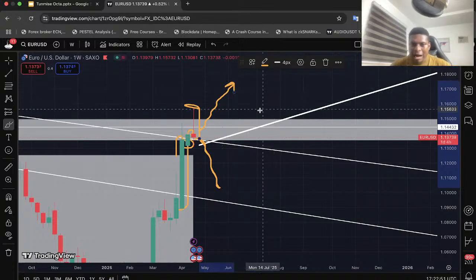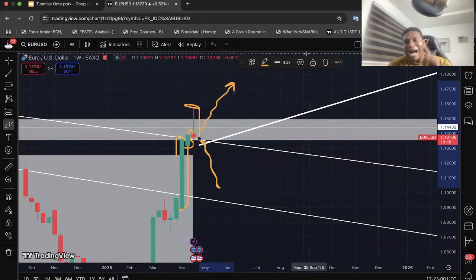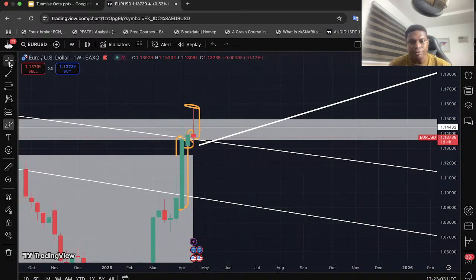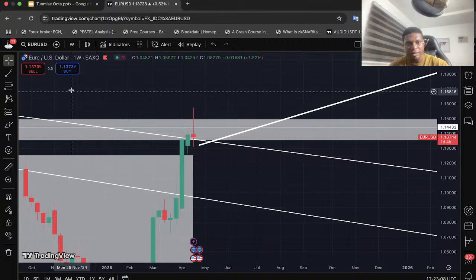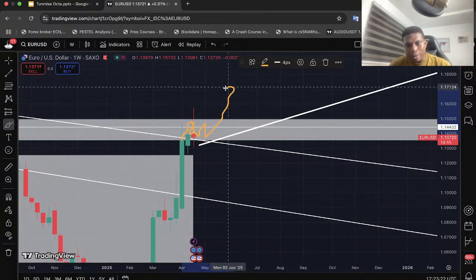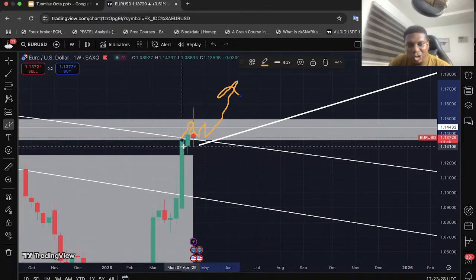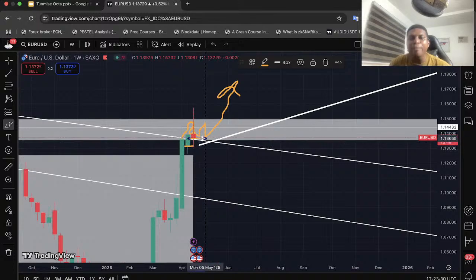Now, one interesting thing you need to understand about a price movement like this is that there is a higher probability that price, having closed above this level, would just consolidate before pushing upwards. Because now, with what this has shown, the buying power is clear.